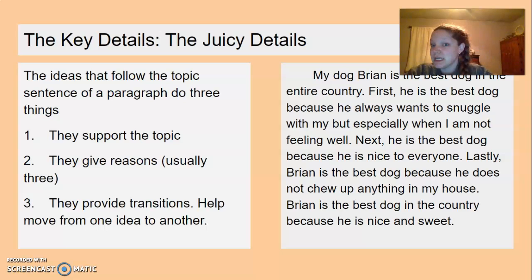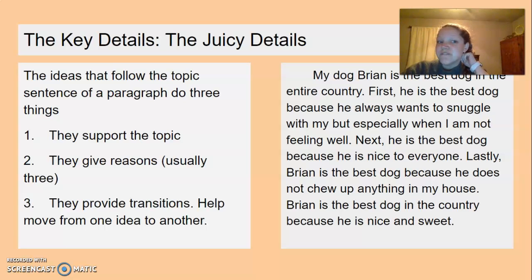So in my writing about Brian, remember, I indent my topic sentence so that the reader knows that I'm starting a new sentence. So I put a space before my topic sentence. My dog Brian is the best dog in the entire country. First, he is the best dog because he always wants to snuggle with me, but especially when I'm not feeling well.